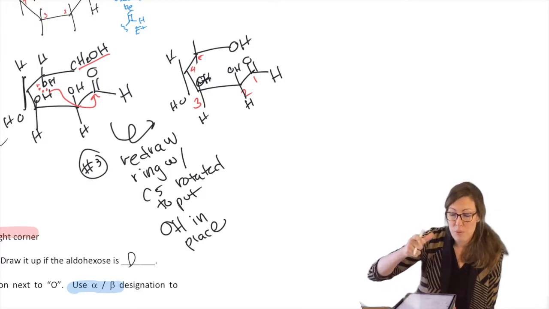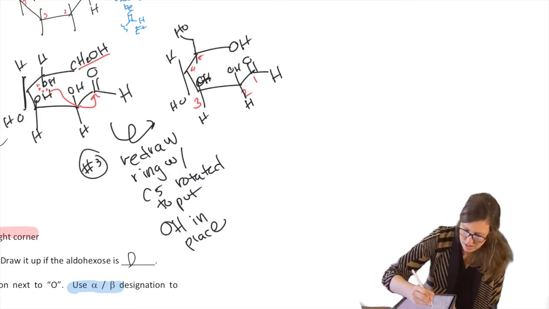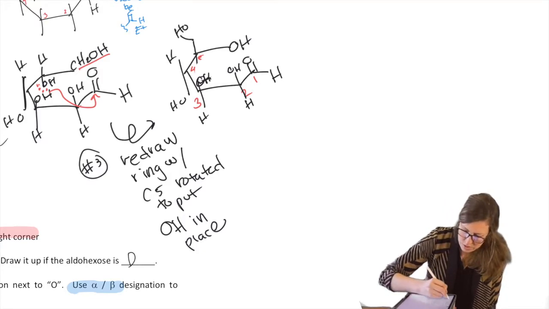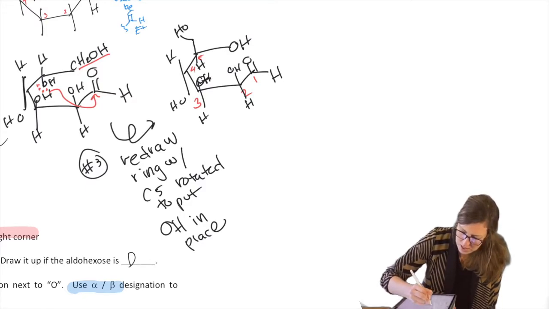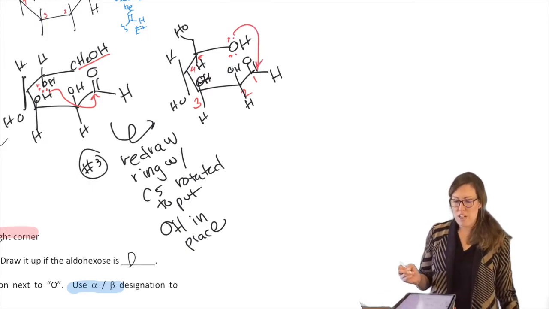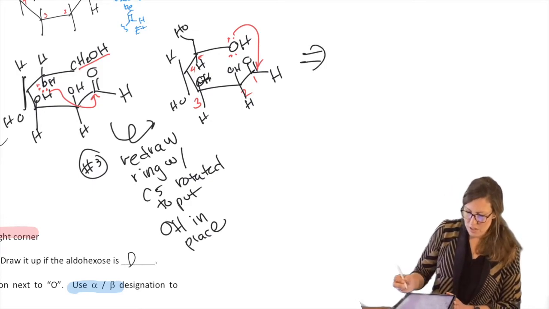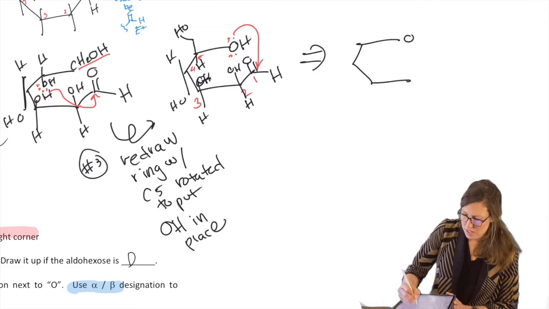Okay, did you rotate? I hope you saw that when we did that rotation, CH2OH is at the top, and our H is at the bottom in order for this to be in place. And then this can attack and make that anomeric carbon as it closes the ring. So that becomes this one.